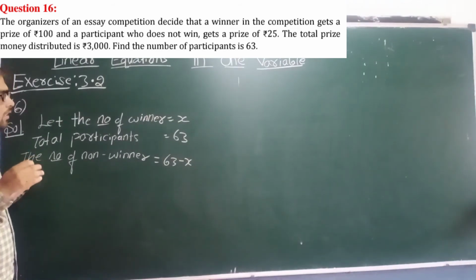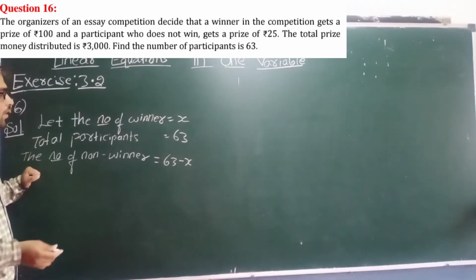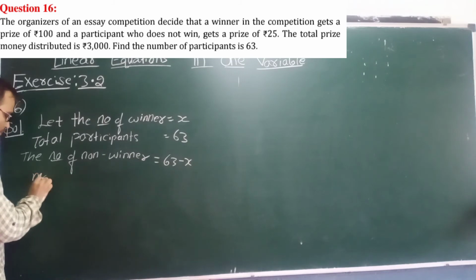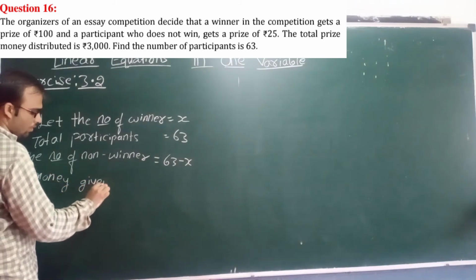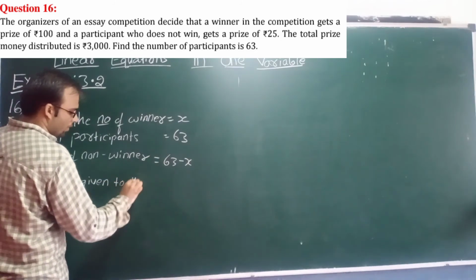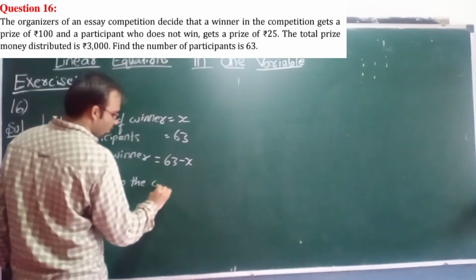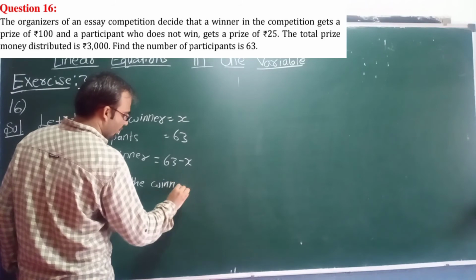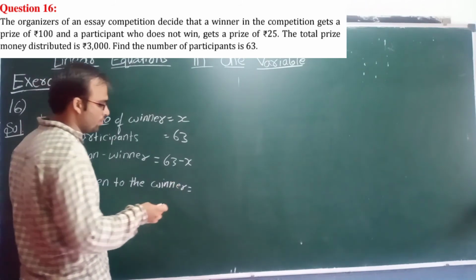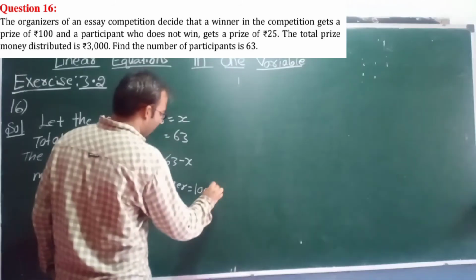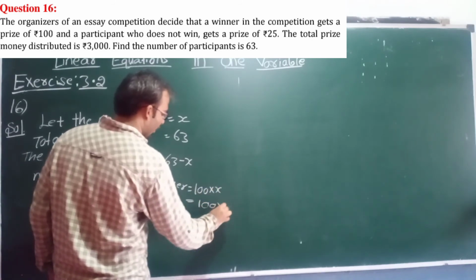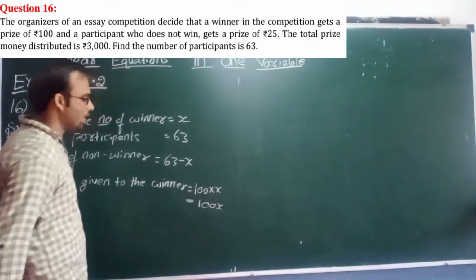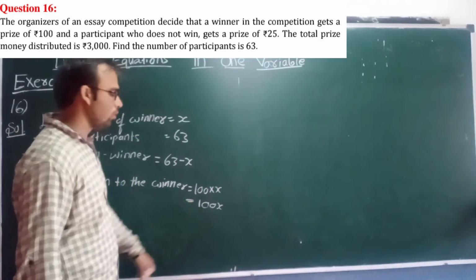Okay, now what they have given? They have given that 100 rupees will be given to the winners. Now write money given to the winners. How much will they give? 100 rupees. So it will be 100 into x, that is 100x. Okay, so 100x is the money that will be given to the winners.